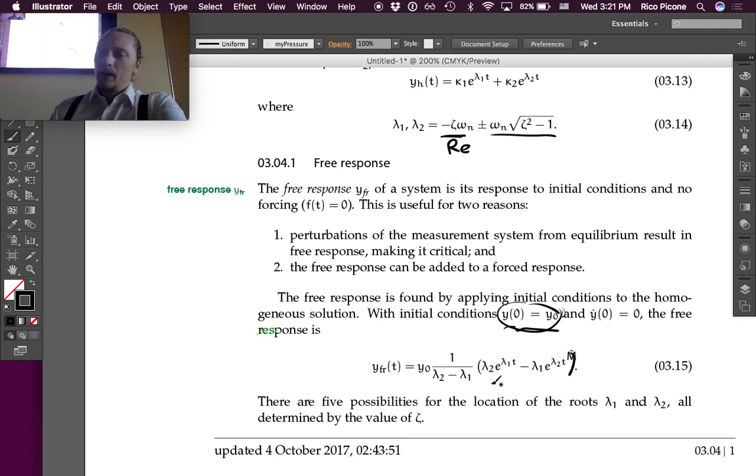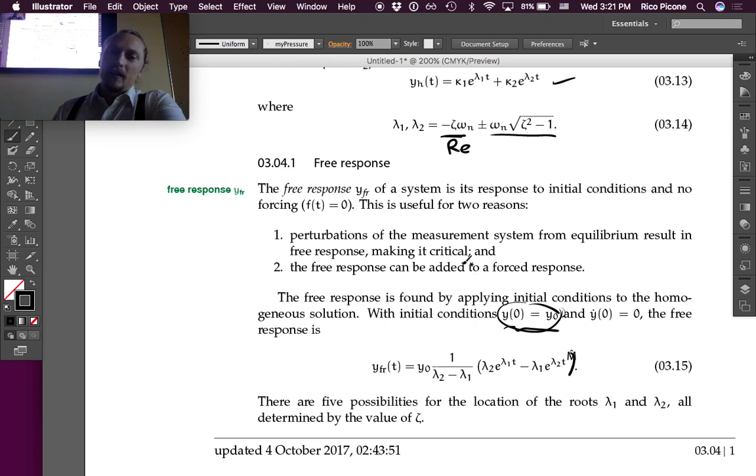And it's pretty much the initial value multiplied by some constants multiplying e to the lambda 1t summed with e to the lambda 2t. So not really surprising, given this was the form of the homogeneous solution. This is the form of the homogeneous solution when we apply these initial conditions. So that's cool. So there are 5 possibilities for what this implies.